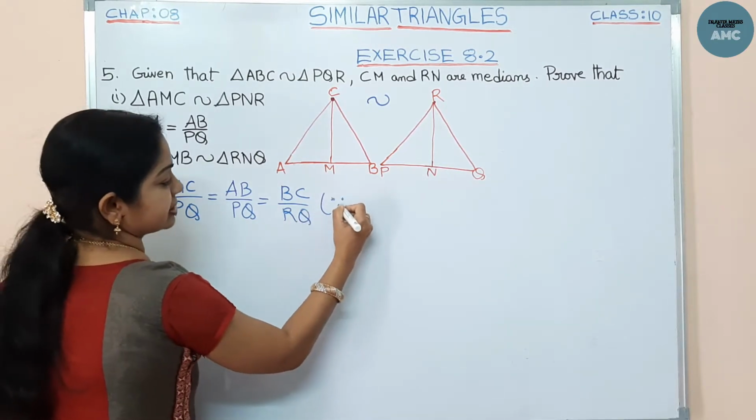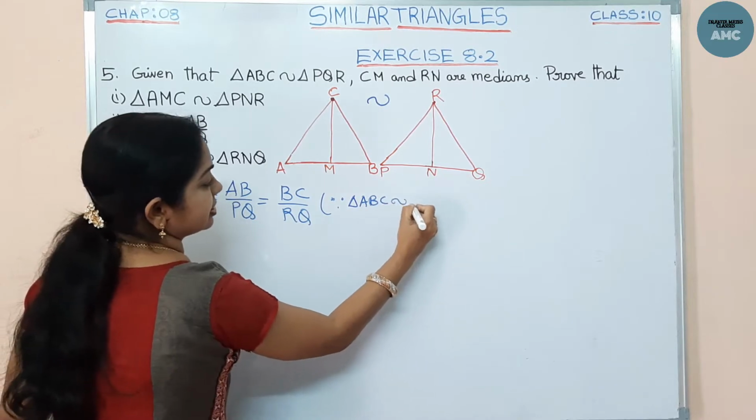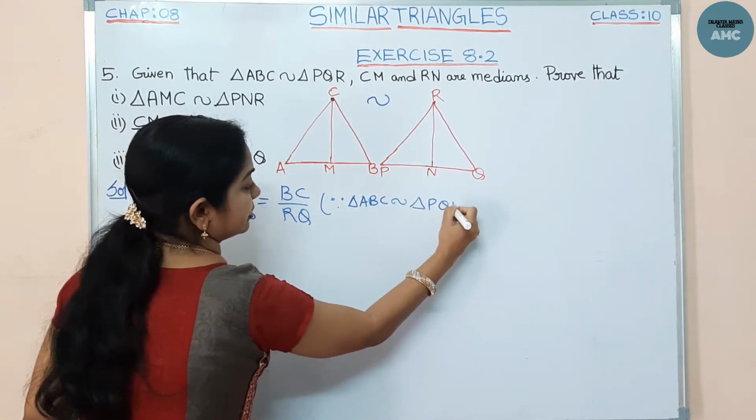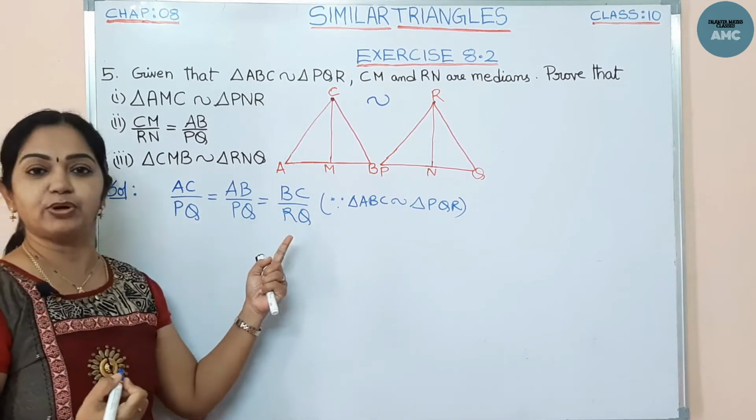Why? Since triangle ABC is similar to triangle PQR. This is already given in the problem, so I have equated the corresponding sides.